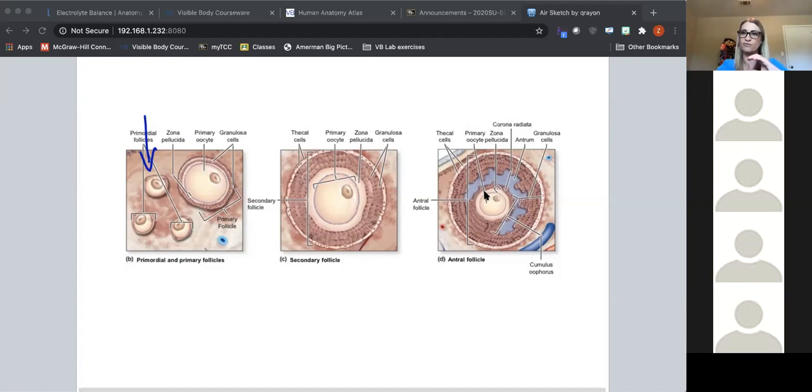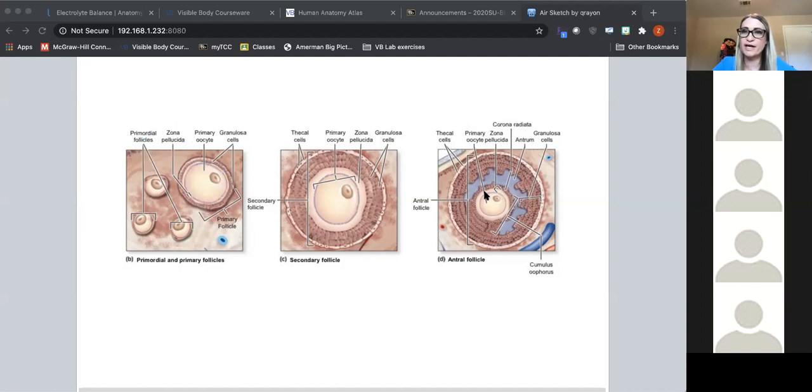The oocyte itself will form a layer right around it, between the oocyte and the granulosa cells, and that layer is called the zona pellucida. As you can see, the zona pellucida is this layer right here. So we have our primary oocyte, the zona pellucida, and then granulosa cells, and this is a primary follicle.